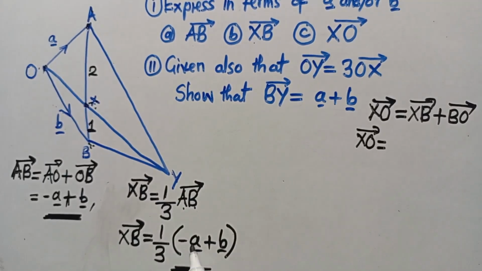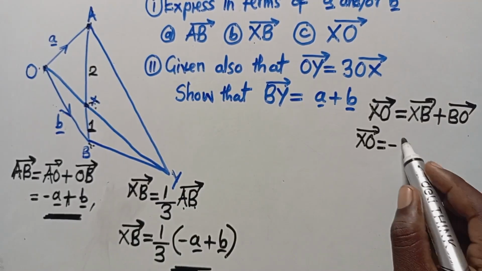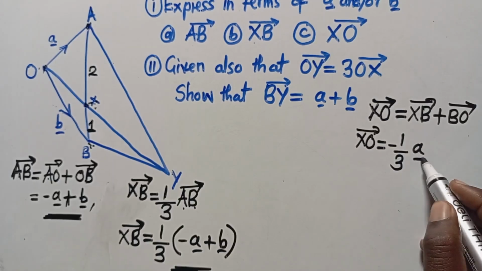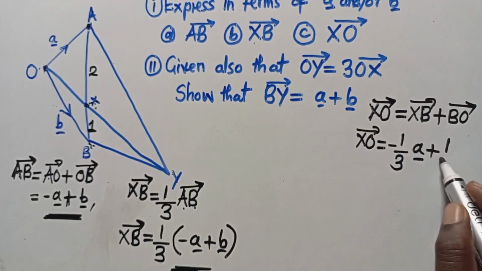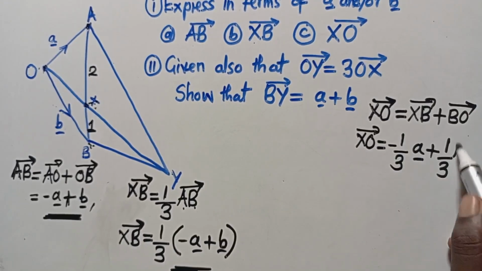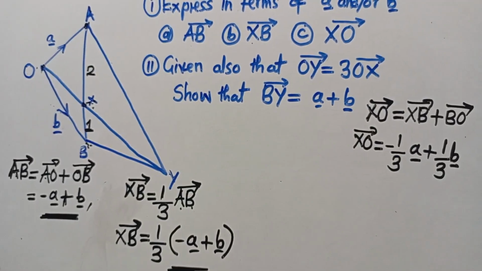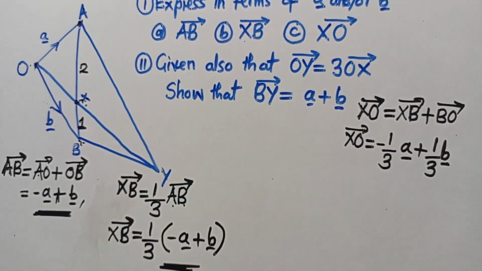So 1 over 3 times A, that is negative 1 over 3, then I put A there, plus 1 over 3, I put a B there. This is XB, it is just one and the same. Don't be confused. I don't want you people to be confused.